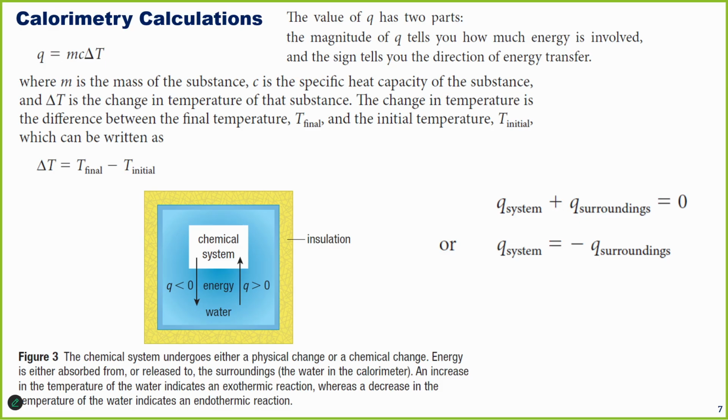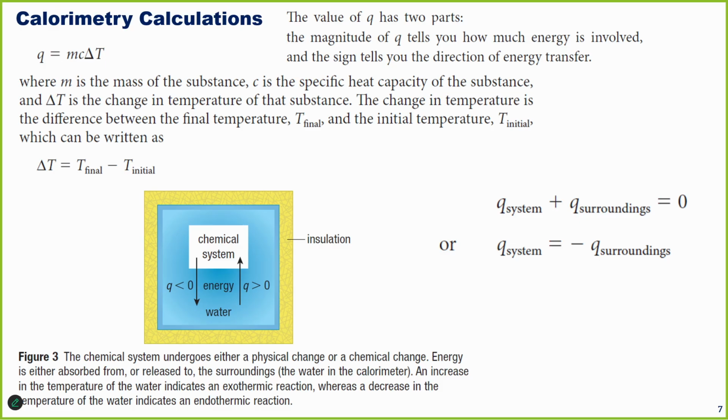The calorimeter itself is assumed not to be involved in these energy transfers. We can use the value of q for the surroundings, namely the water, to predict whether a change will be exothermic or endothermic. That is, if q has a negative value, the system transfers thermal energy to the surroundings, and the change is exothermic.